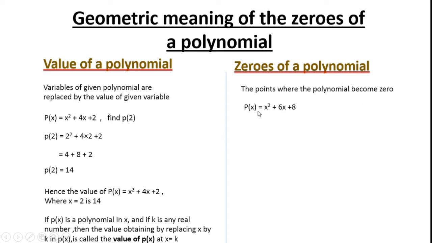Consider the example p of x equals x square plus 6x plus 8. We have to find the point where the polynomial becomes zero. At which point does this polynomial become zero? That point we need to find. That is the zeros of a polynomial. So, we can set this polynomial equal to 0, then we can find the value of x.